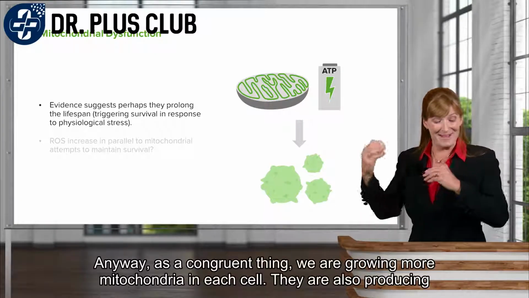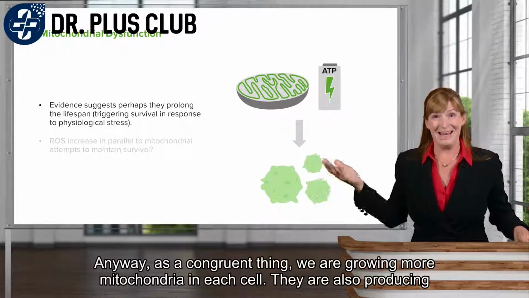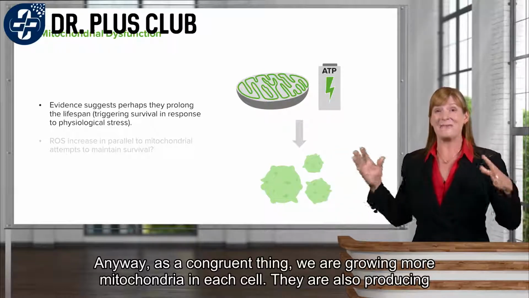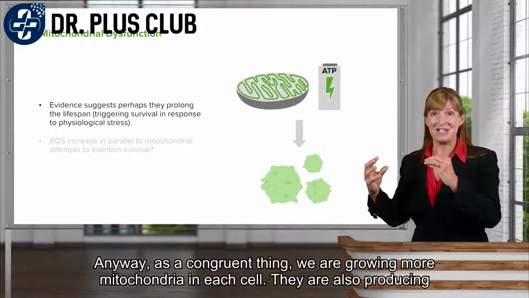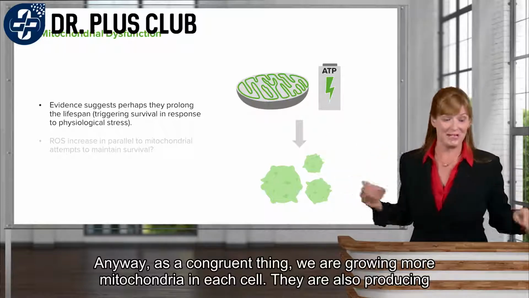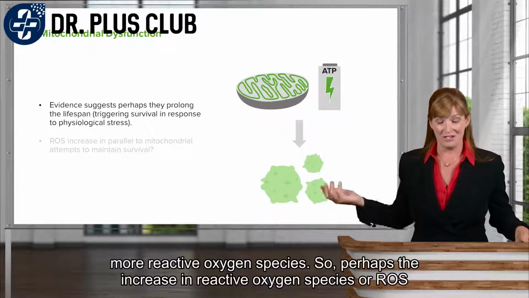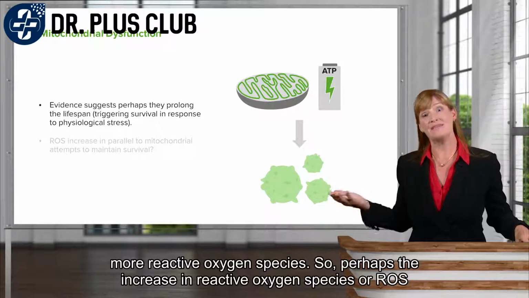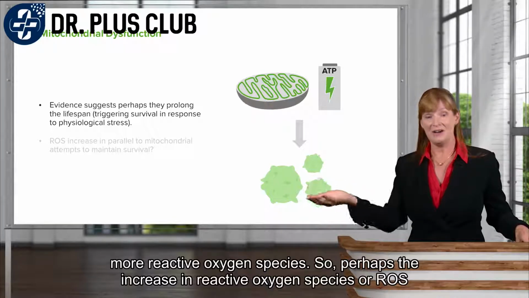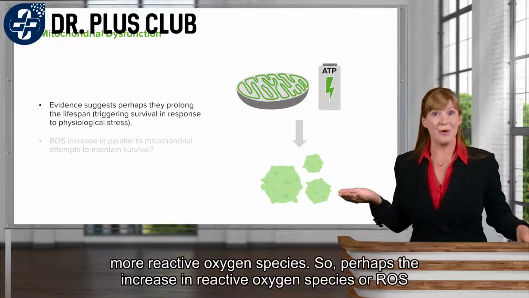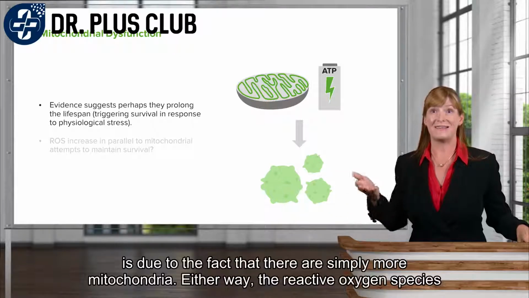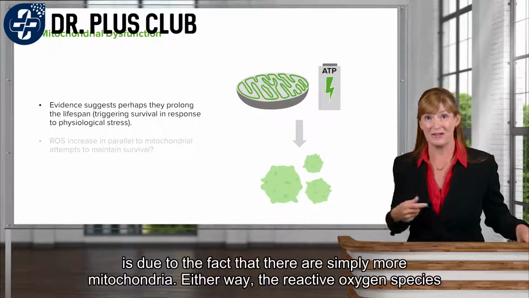Anyway, as a congruent thing, we are growing more mitochondria in each cell, and they are also producing more reactive oxygen species. And so perhaps the increase in reactive oxygen species, or ROS, is due to the fact that there are simply more mitochondria.